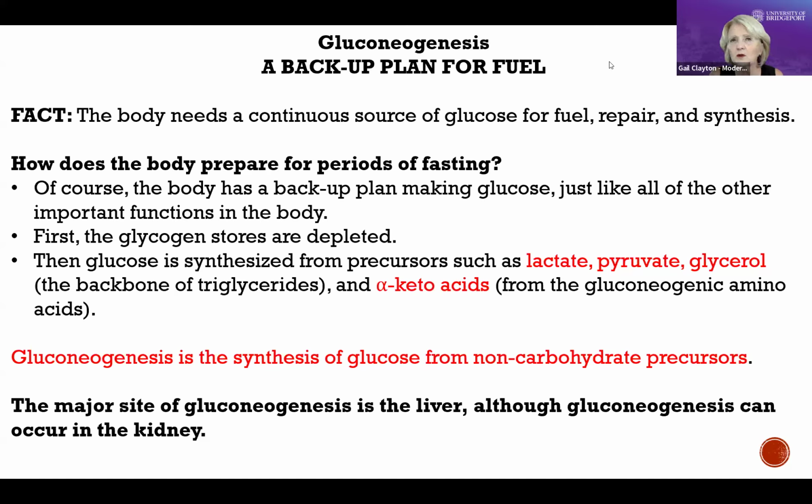And you probably will learn in other classes that usually within 72 hours of fasting or cutting out carbohydrates, the glycogen is pretty much depleted. Okay. And then glucose is made from precursors that are not carbohydrates, such as lactate, pyruvate, and glycerol, which is the backbone of triglycerides.